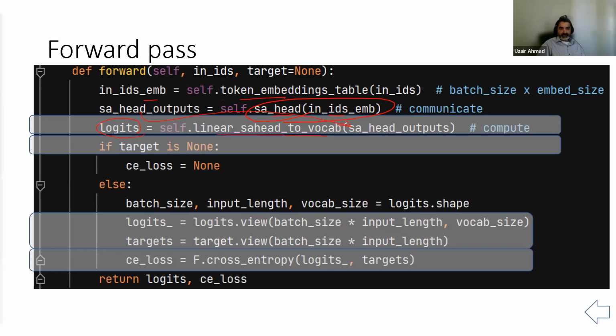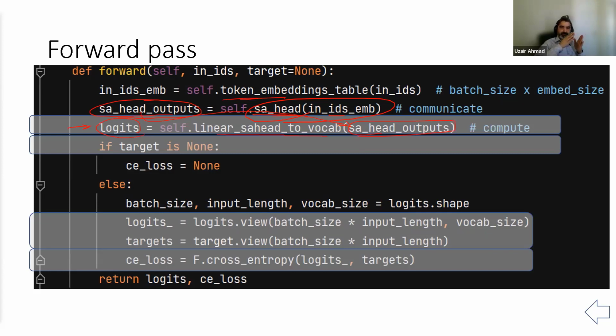And then we took the embedding for every input token and passed it through the SA head. We got the SA head outputs. Now we are passing them through the linear layer from SA head to vocabulary. These are the logits.